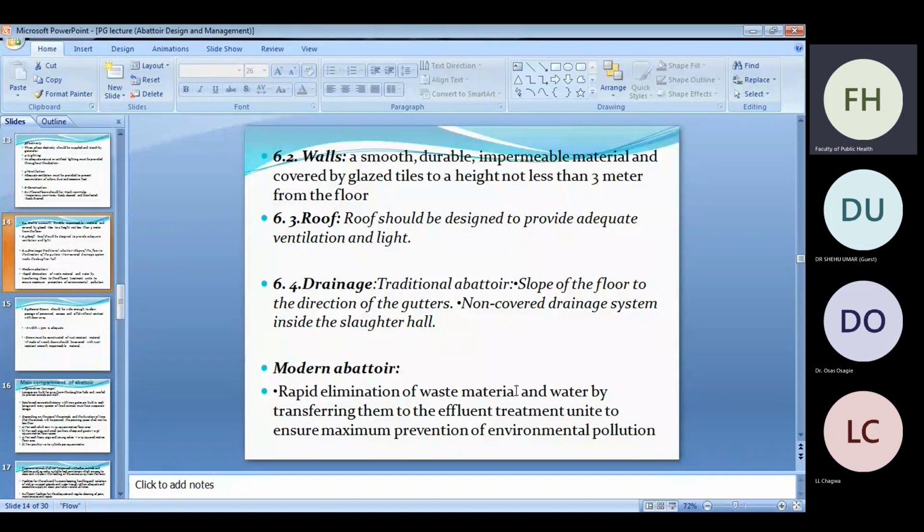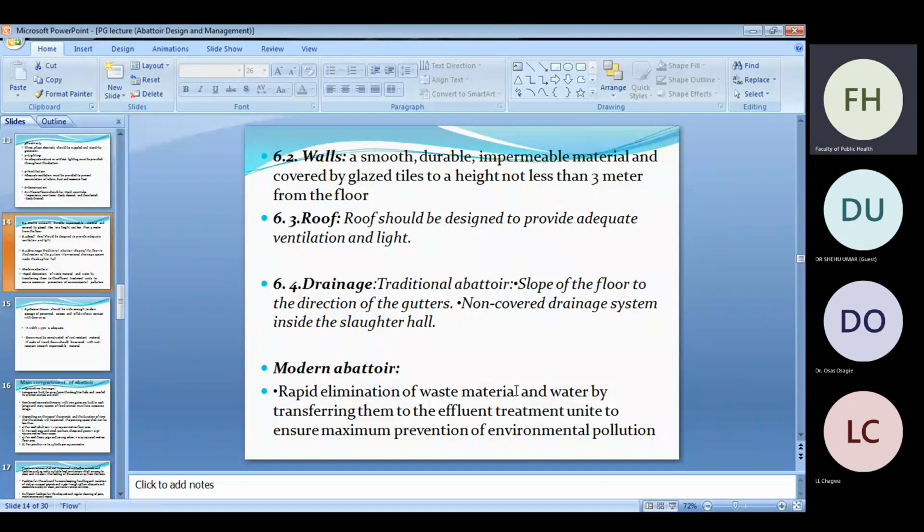It also contains an adequate drainage system. In the traditional way, it is always a slope of the floor in the direction of the gutters. Now, in a modern abattoir, there is rapid elimination of waste materials and water by transferring them to an effluent treatment unit, to ensure maximum prevention of environmental pollution.